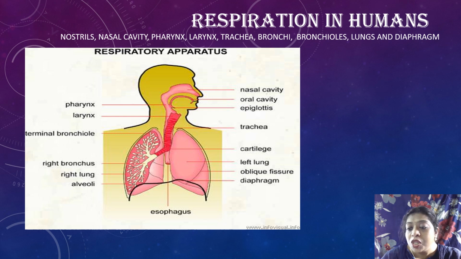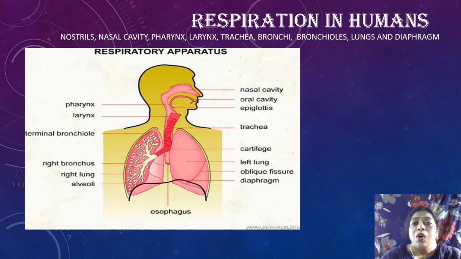So respiration is nothing but the biological reaction which takes place within the cells of living organisms.